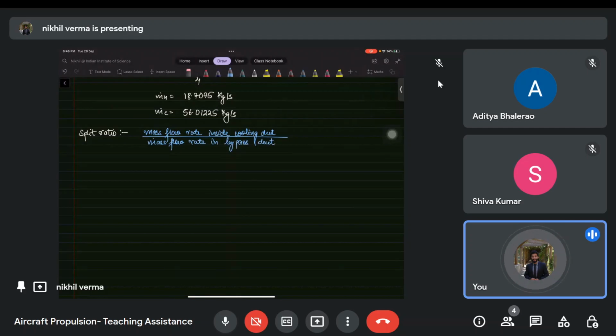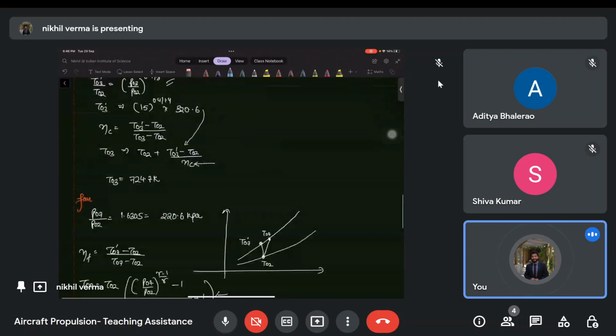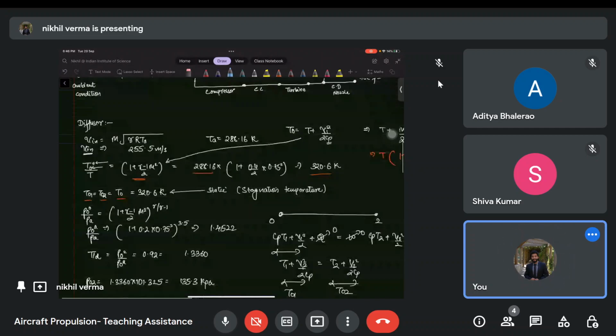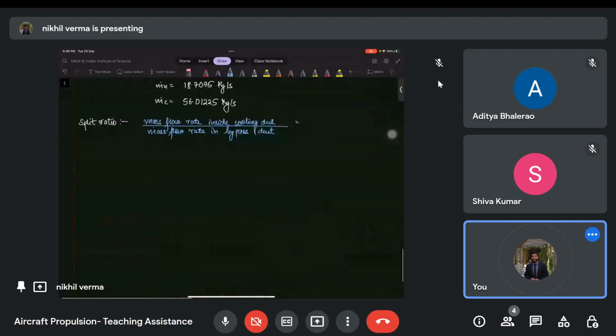Okay. So this is given as, I think, a small value, that is 0.25, I guess. So okay, the split ratio is 0.25 here. So this is 0.25.